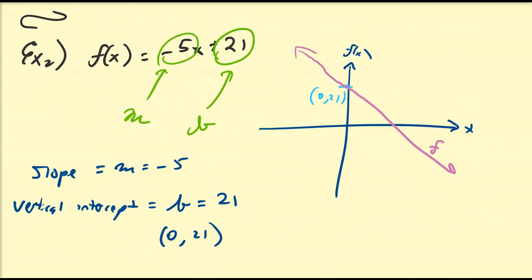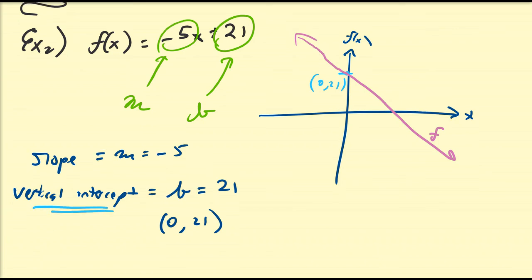And remember, saying the y-intercept is 21 actually has no meaning in this case because there is no y variable. The vertical intercept corresponds to when x is equal to 0, the value of f is equal to something. There is no y to be considered here, which is why it's useful to talk about things in terms of vertical and horizontal components.